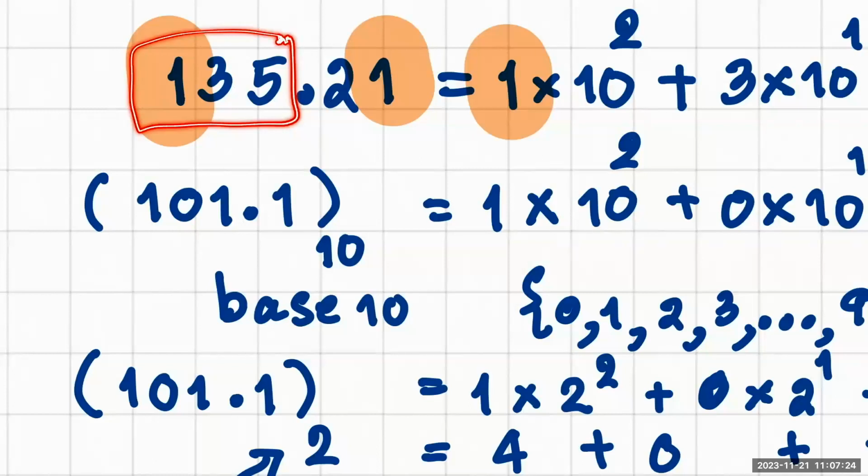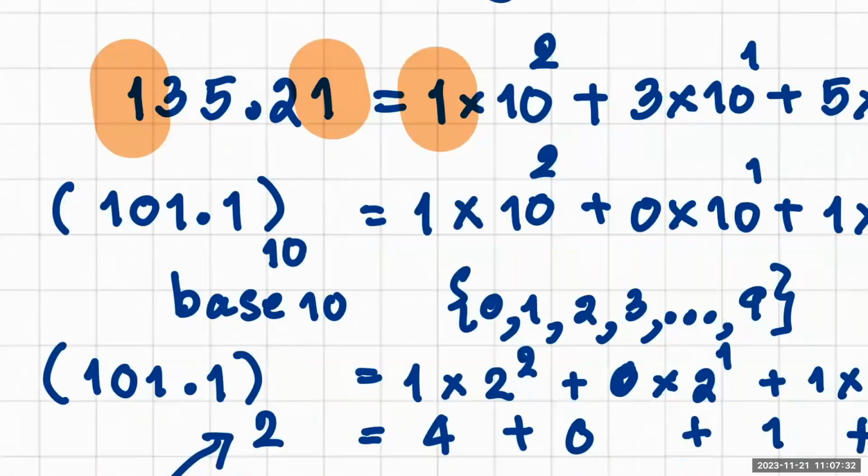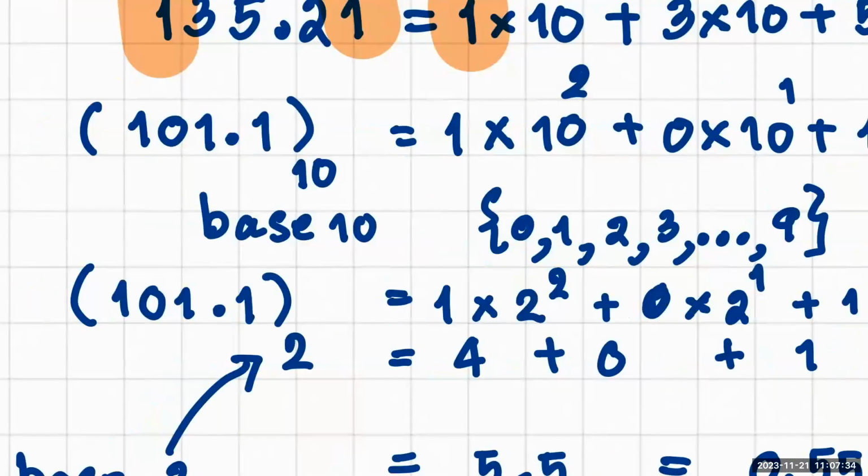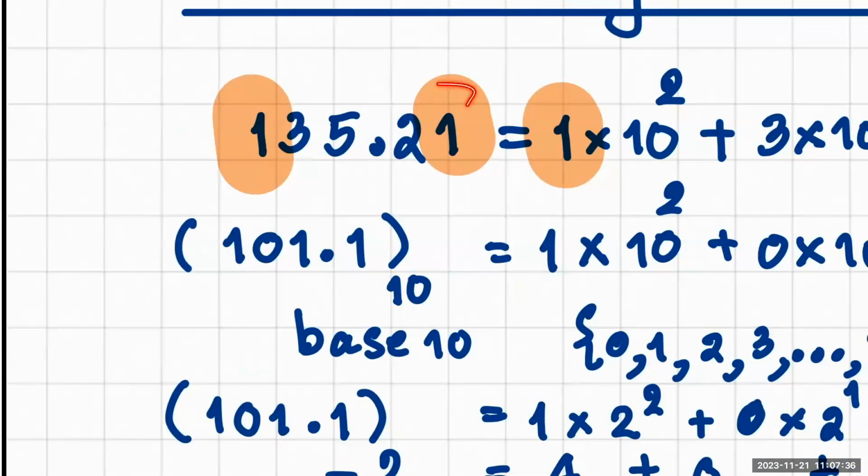We write the integer part in terms of multiples of 2. That's how we come up with base 2. And for the fractional part, we think about what fraction of 2 can express it.